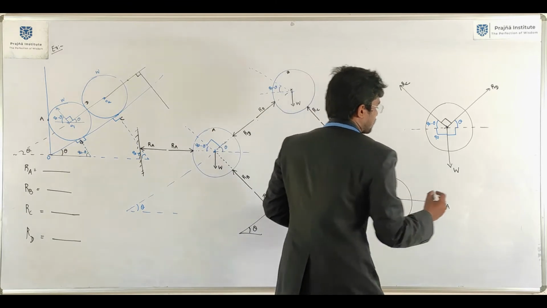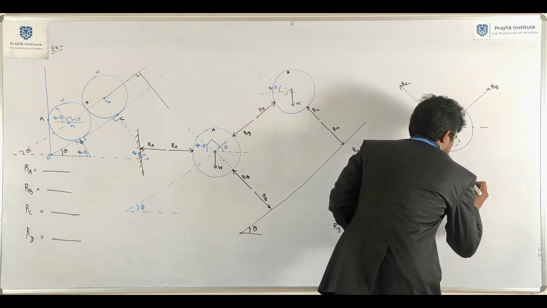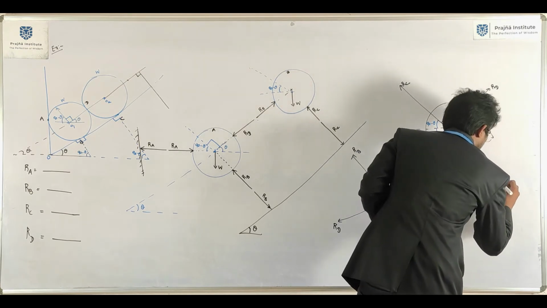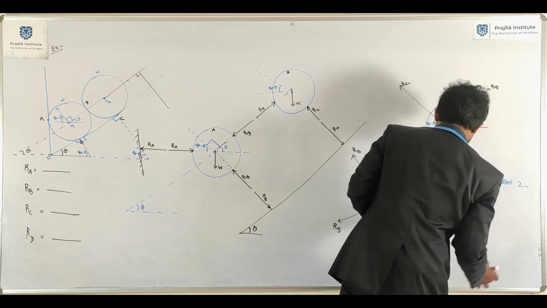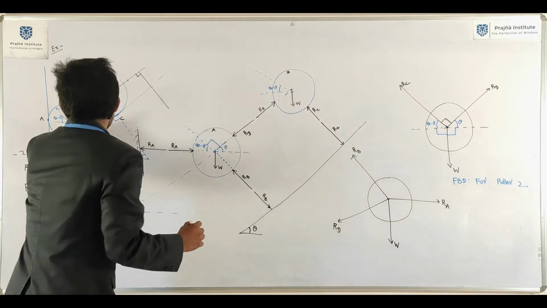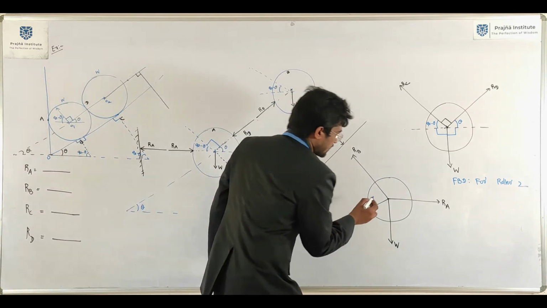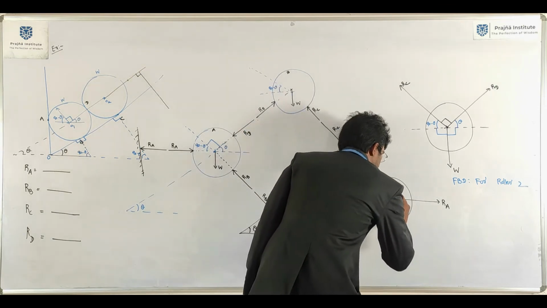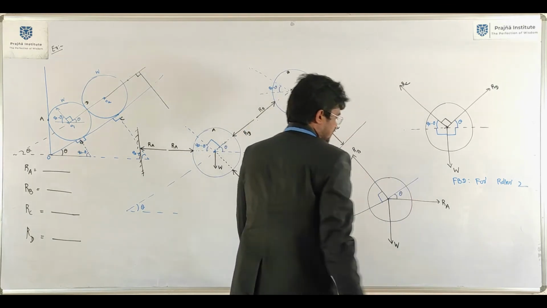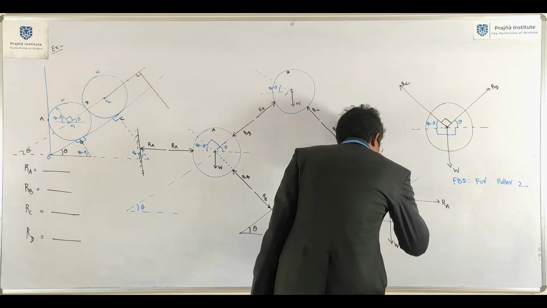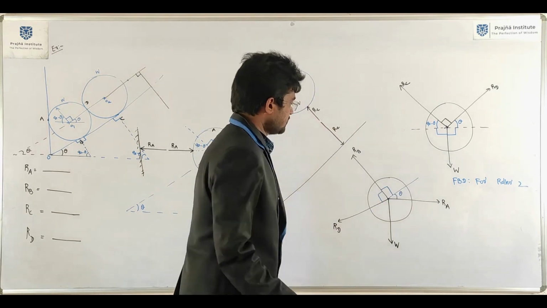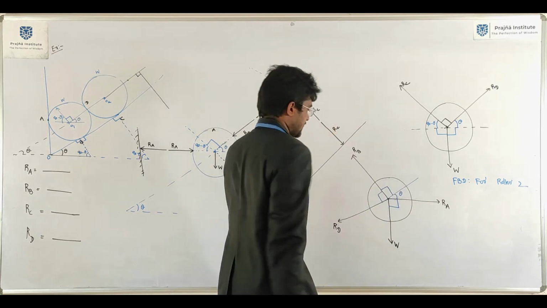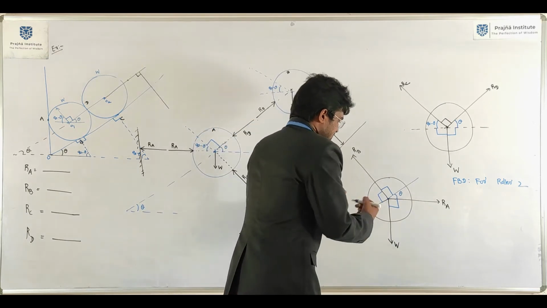So free body diagram for roller 2. Here also, tell me, RB and RD, these two are 90 degrees. It is making an angle theta. Okay? So then it will be 90 degrees. And this is also 90. Pakka. So this is the thing.